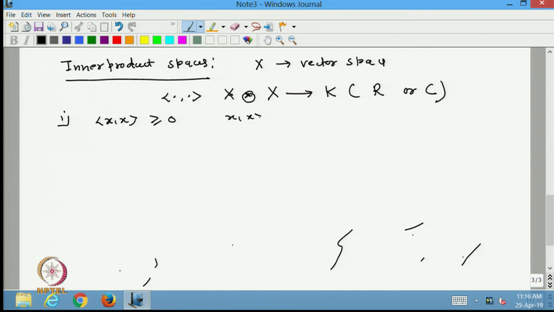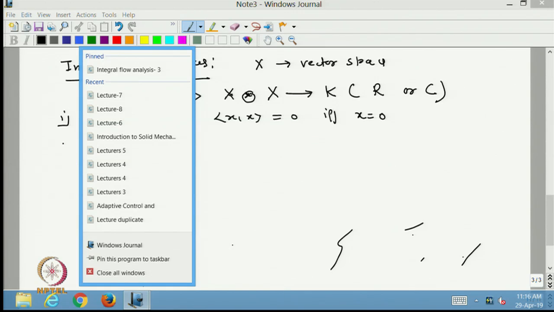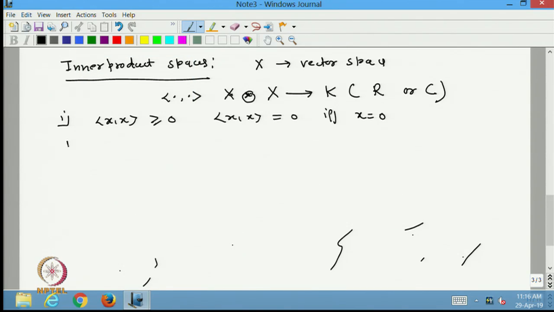The first property: the inner product of x with x is 0 if and only if that element itself is 0. The second property is alpha x into y should be.